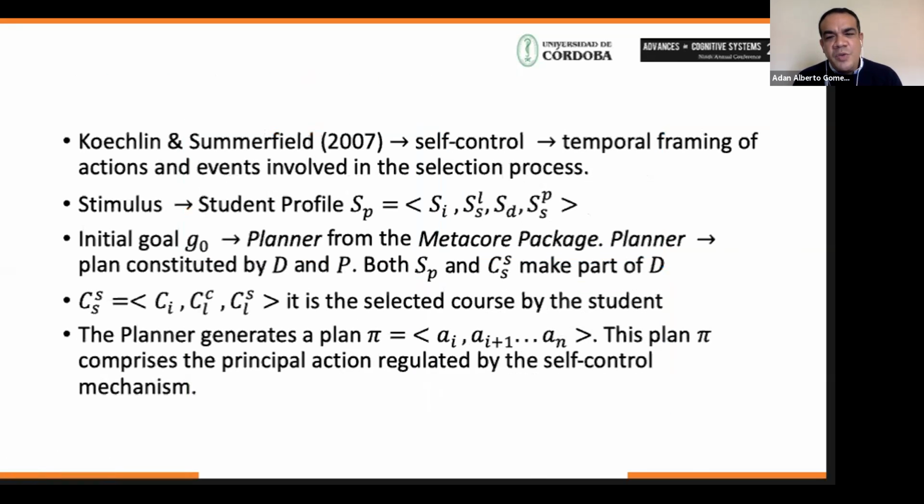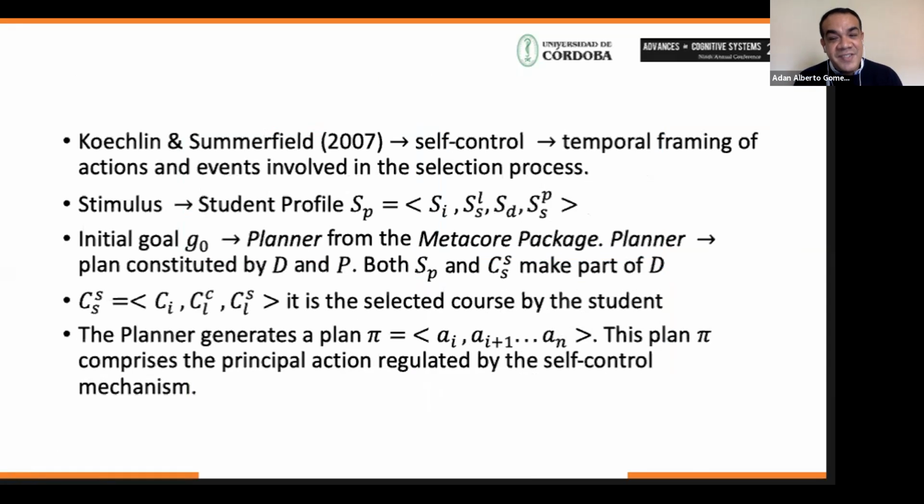In this way, we use the model proposed by Quekeling and Sommerfeld, who affirm that the self-control can be fractionated in a temporal framing of actions and events involved in the selection process.